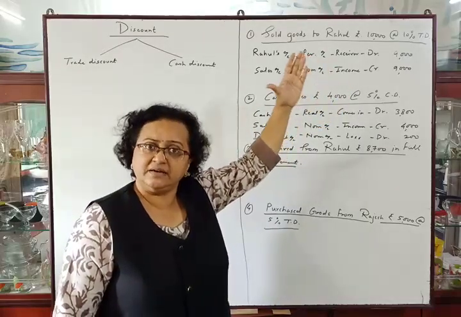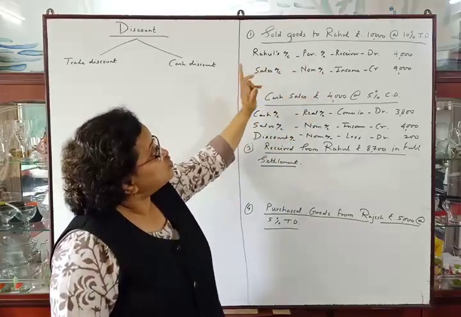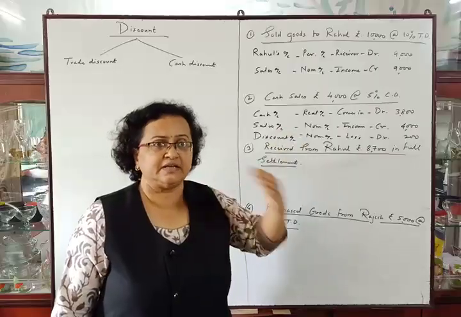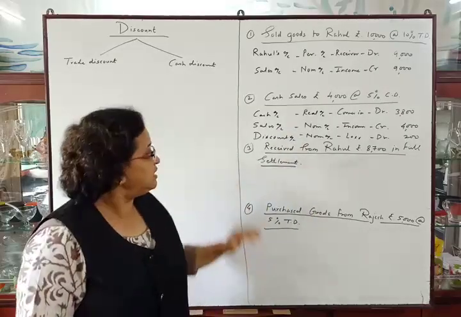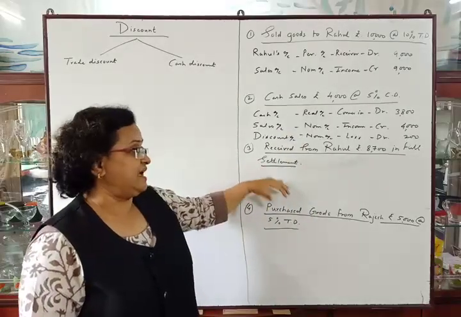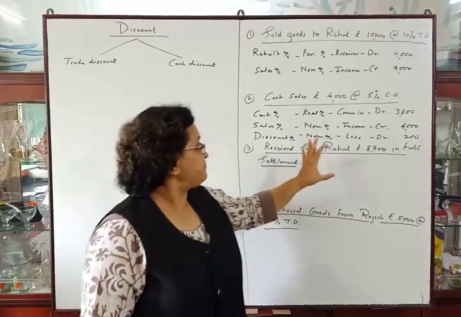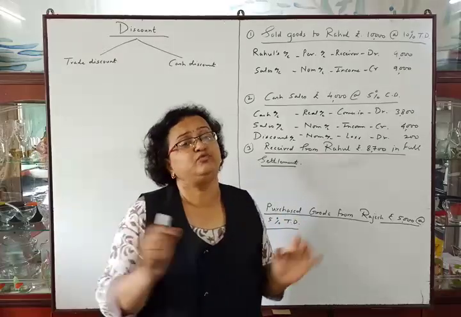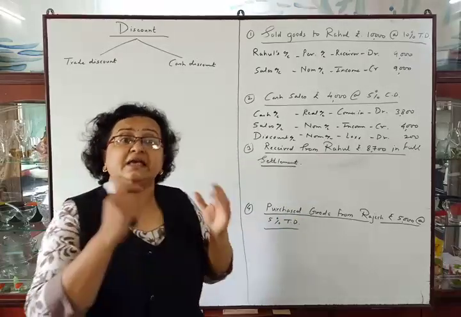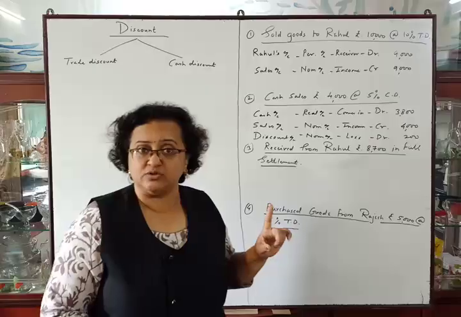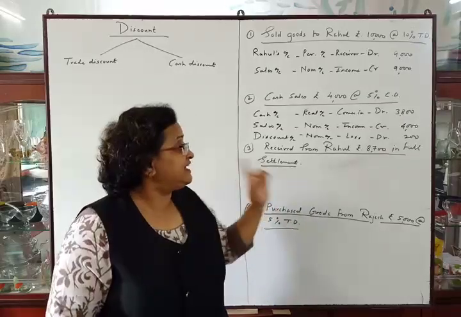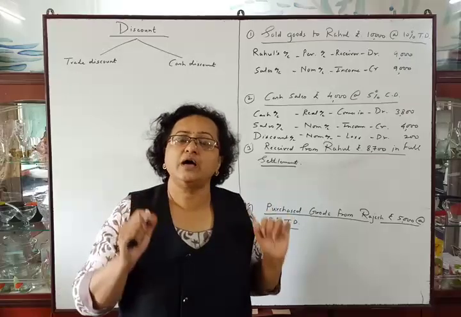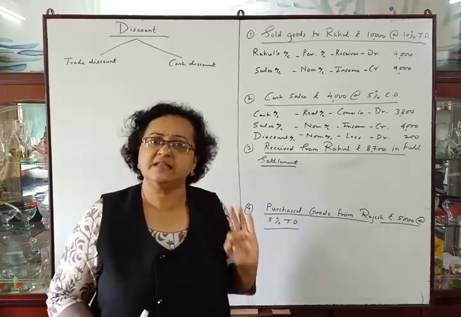After deducting 10%, we have sold goods to Rahul worth rupees 9,000. म्हणजे राहुल आणि आपण यांच्यामधलं ट्रान्झॅक्शन 9,000 रुपीजचं होतं. आणि आता आपल्याला त्यांनी सांगितलंय, आपण ही एंट्री शिकलेलो आहोत याच्यापूर्वी, received from Rahul rupees 8,700 in full settlement. Means instead of paying rupees 9,000, he has paid rupees 8,700 in full settlement. Means discount allowed to Rahul is rupees 300.